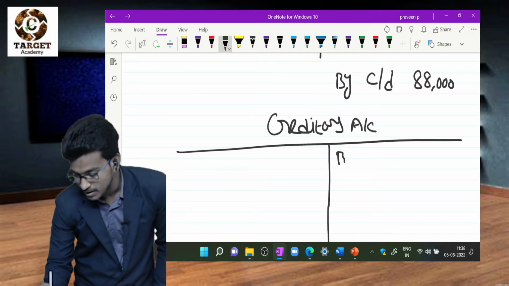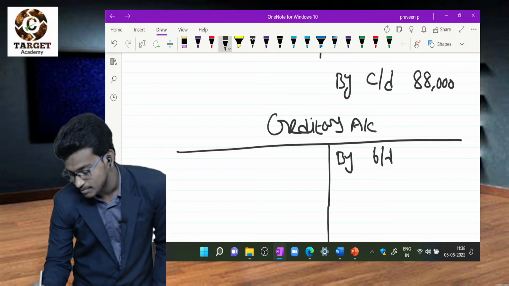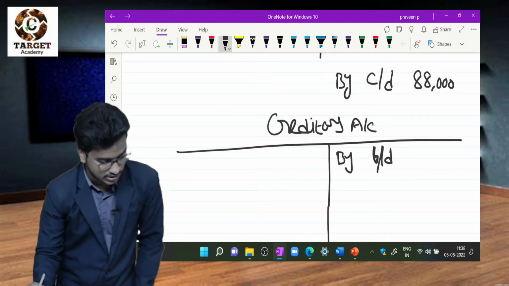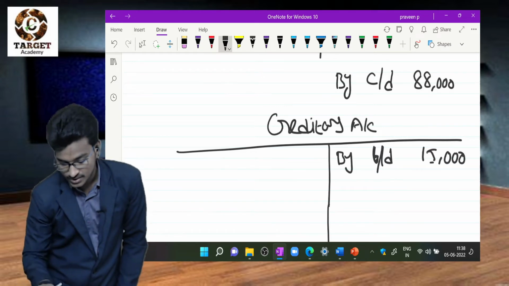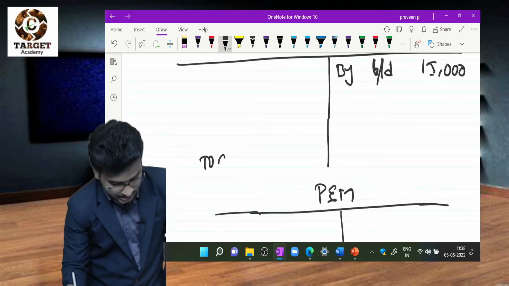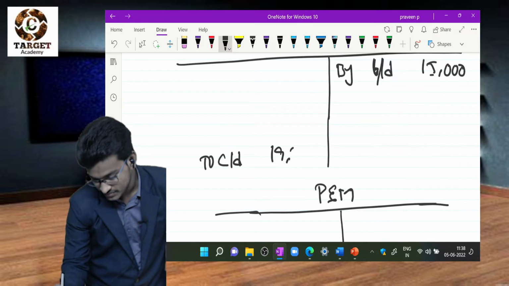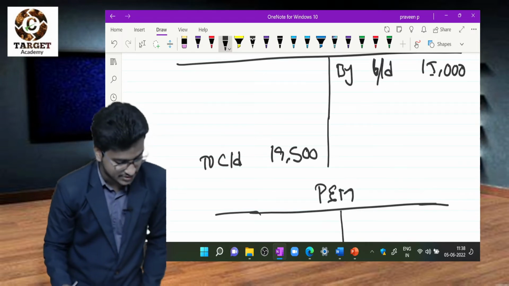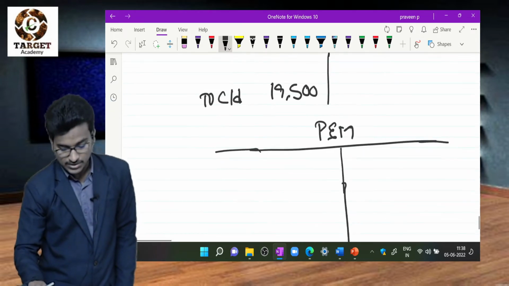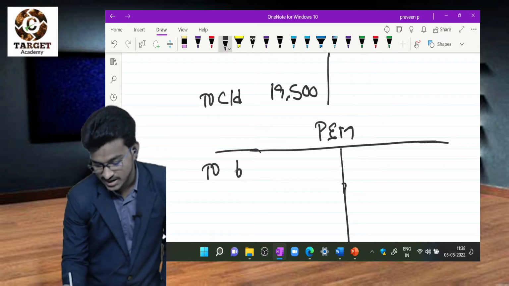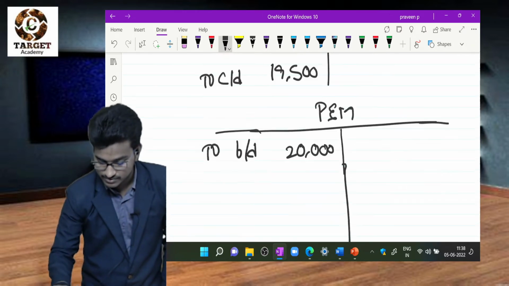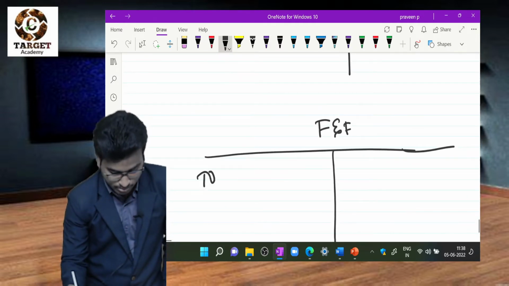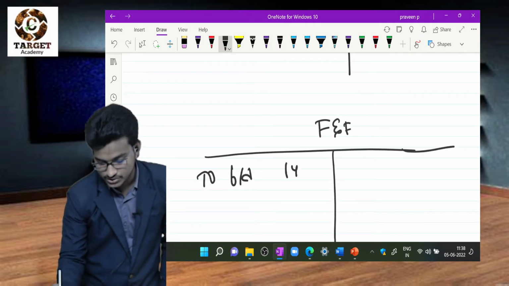Creditors account opening balance, credit side or debit side? Yes, superb. What is the opening balance? 15,000. What is the closing balance? See the question, 19,500, superb. Next, plant and machinery, opening balance is right, but closing balance is not right. To balance brought down, 1,400, superb.